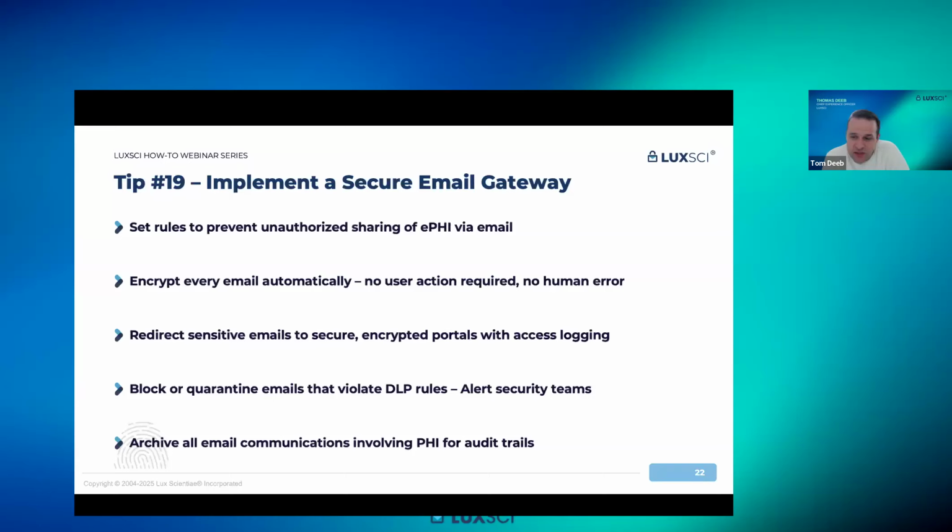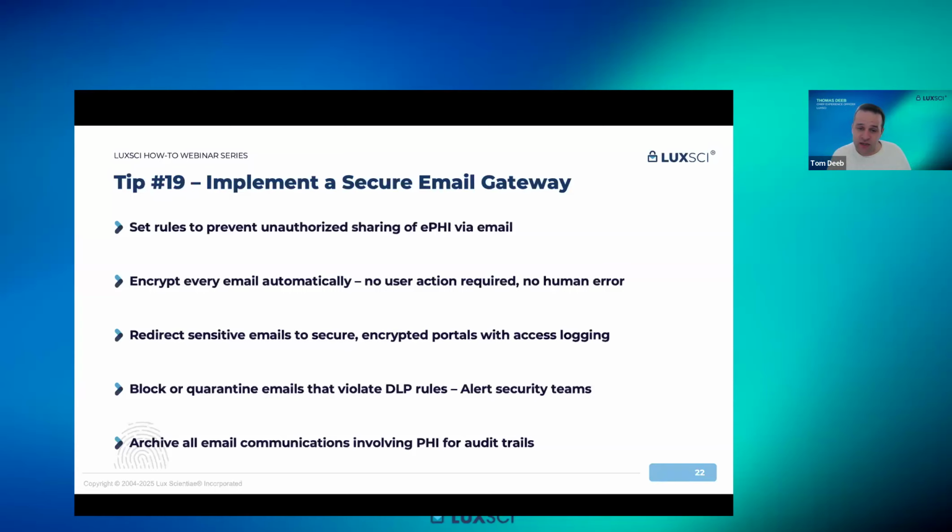Absolutely. So an email gateway is an incredibly important tool, particularly when you think about using Google Workspace or Microsoft 365, right? What a gateway does is it sits behind the Google Workspace or Office 365 and encrypts the messaging that is outgoing.